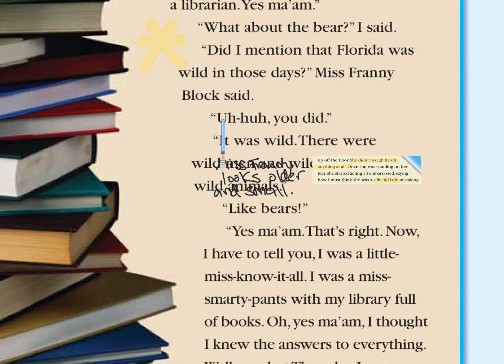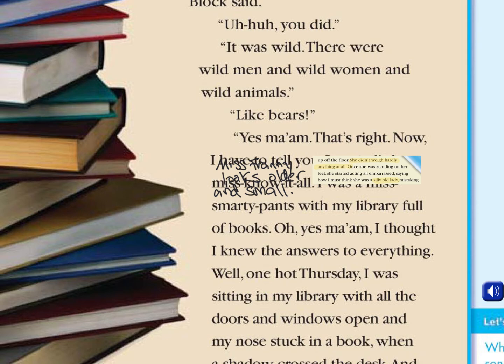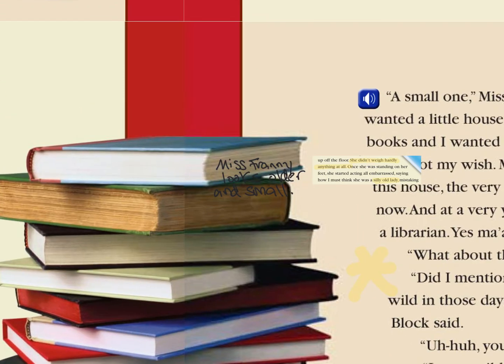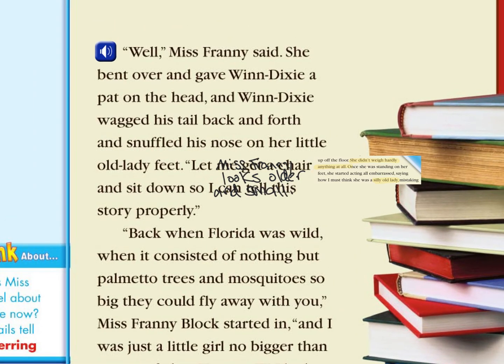Miss Franny Block said, "You did. It was wild. There were wild men and wild women and wild animals." So this tells me Florida wasn't developed like it is now. So there weren't as many stores or people coming to visit. I'm also going to go back a little bit more to see what else I can discover about Florida.